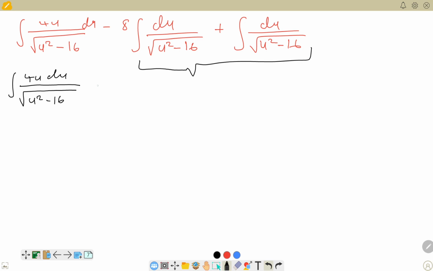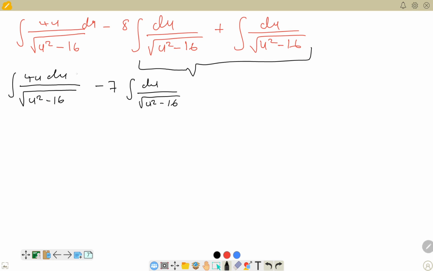Negative 8 plus 1 is negative 7 du over the square root of u squared minus 16. Then again also this 4, I can write it outside the integral because it's a constant. Or we can leave it there actually. Let's just leave it there for now. It does not help us to take it out.